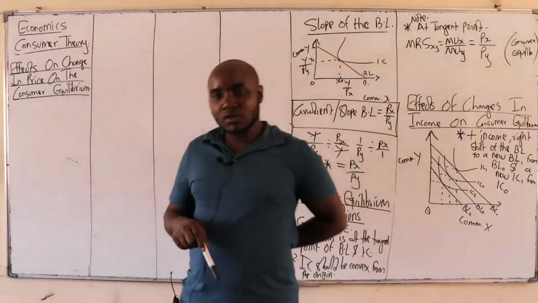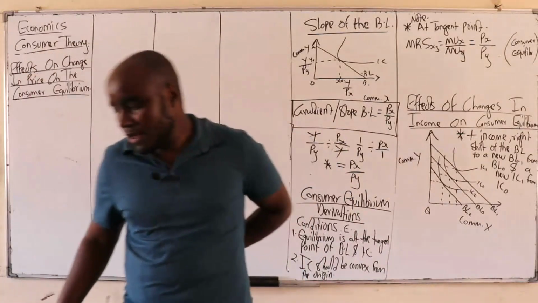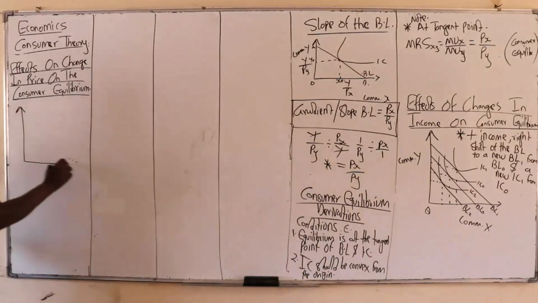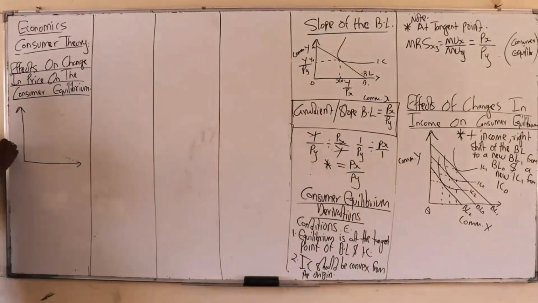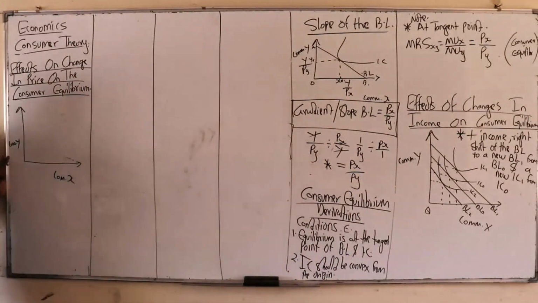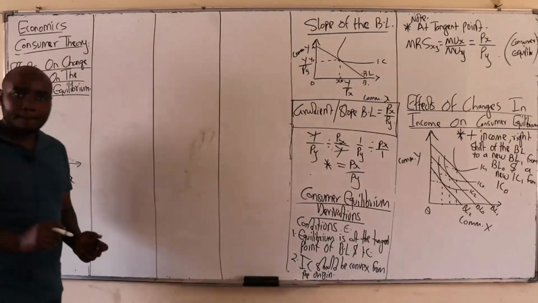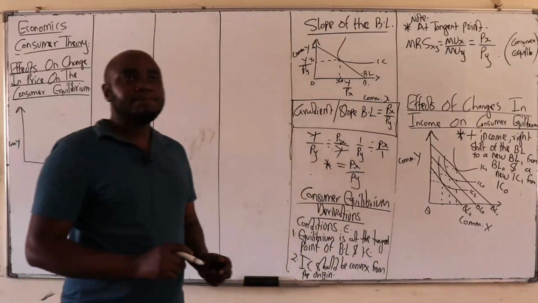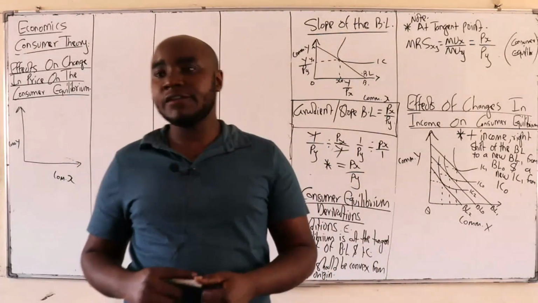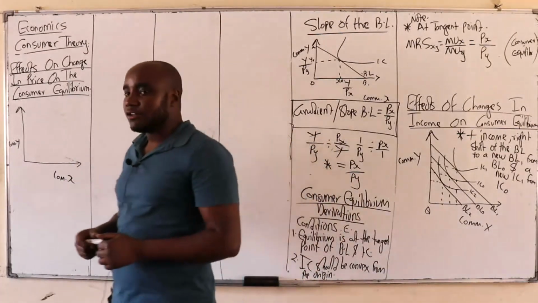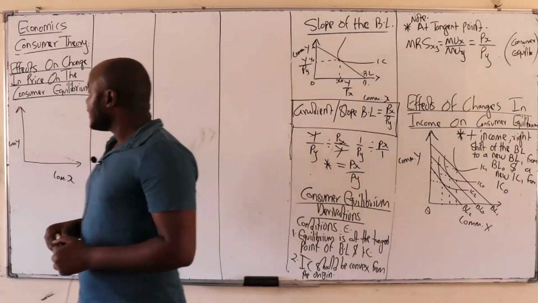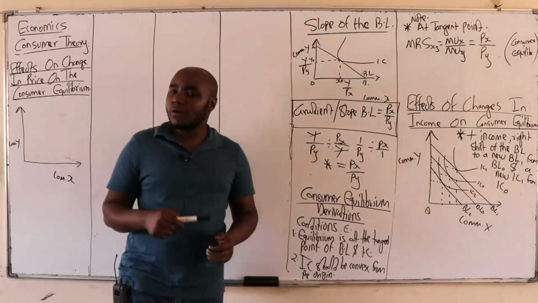So we shall have the same issue here, assuming you have commodity Y and commodity X. Assuming now the price of commodity X has reduced, and the price of commodity Y is constant.